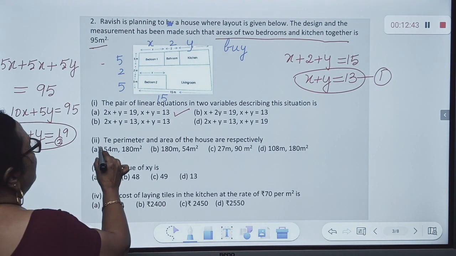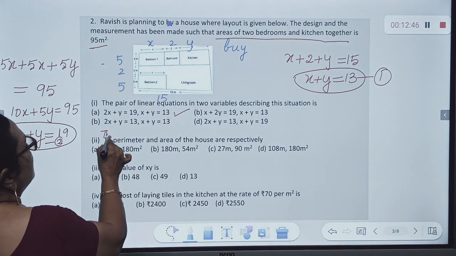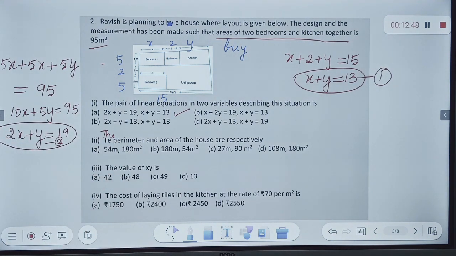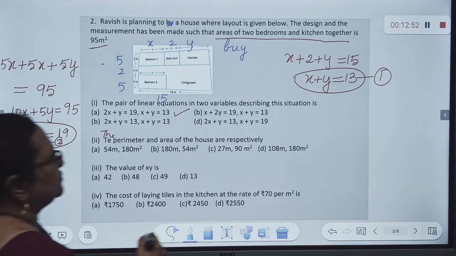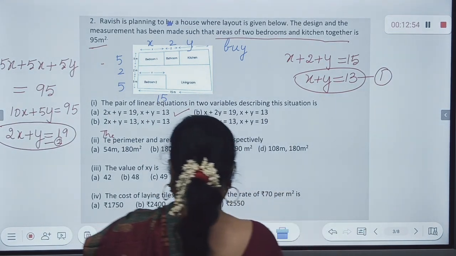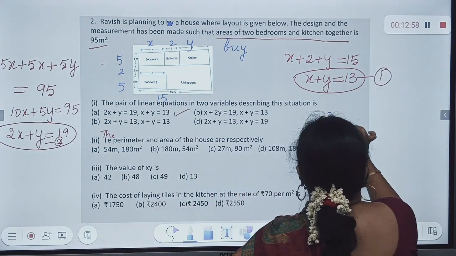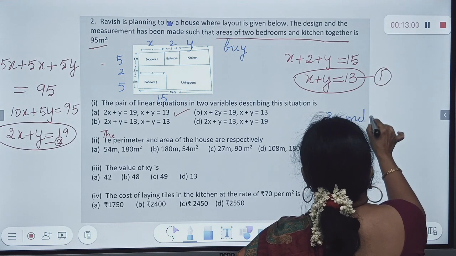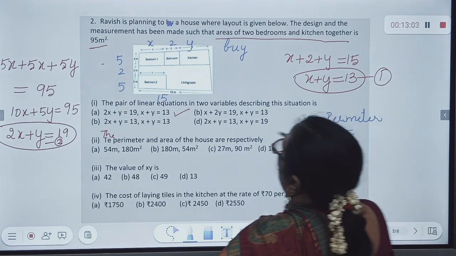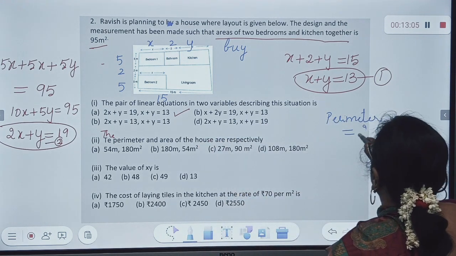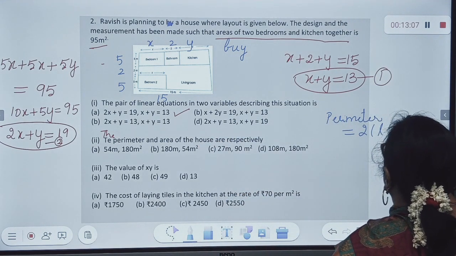Now what is the perimeter and the area of the house respectively? The perimeter will be what? Perimeter is equal to twice of length plus breadth.